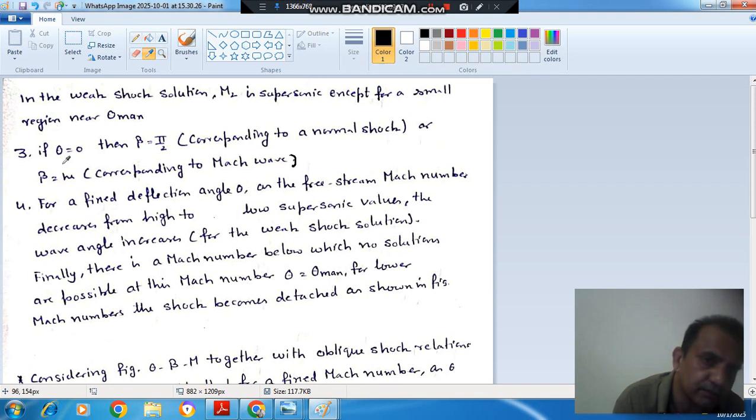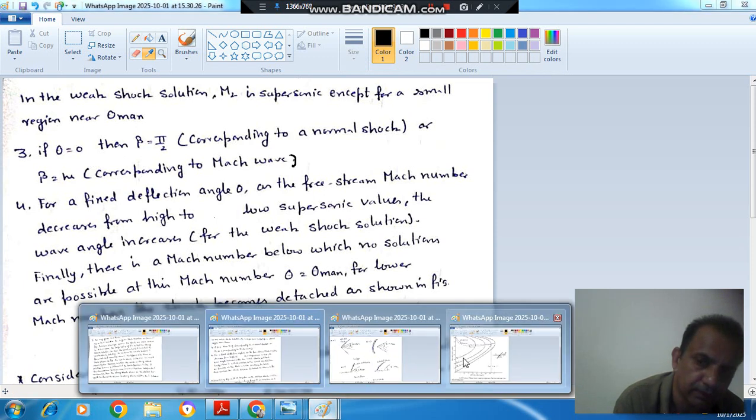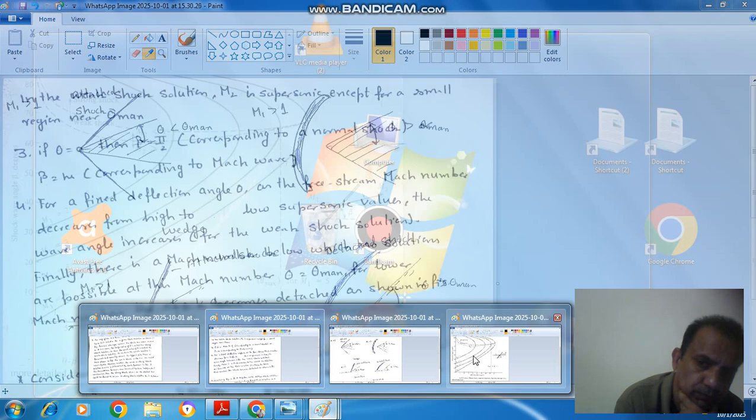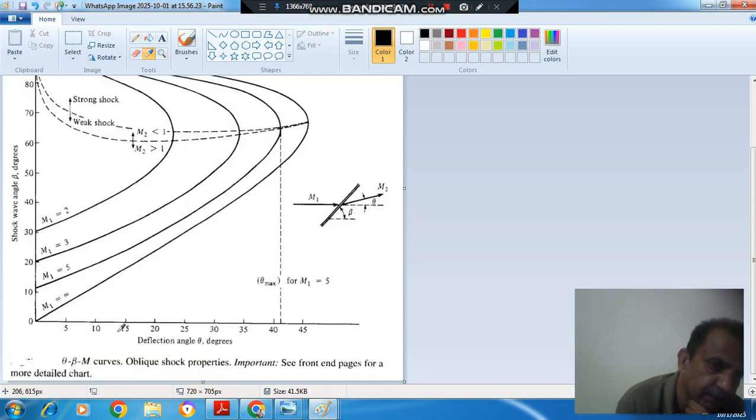Now the third point is, if theta is 0, then beta will be pi by 2, that is 90 degrees, corresponding to a normal shock wave.